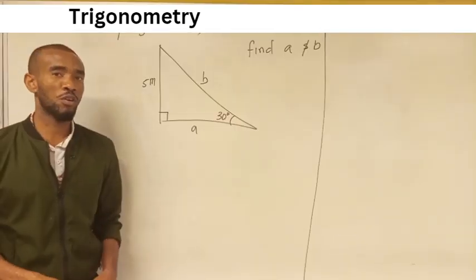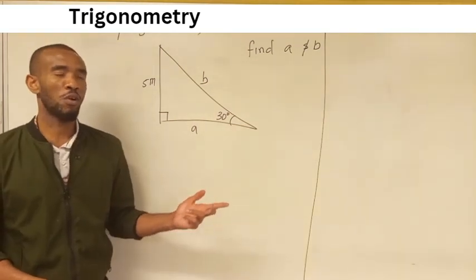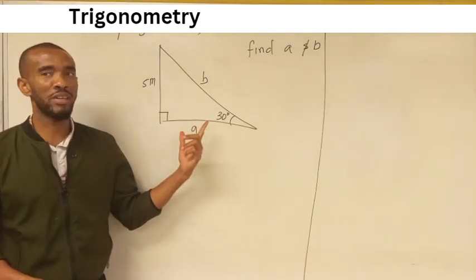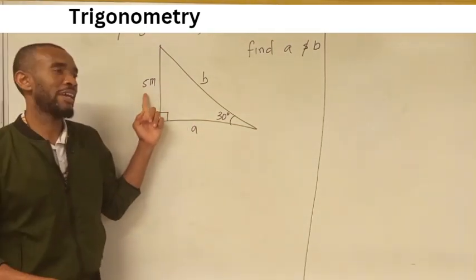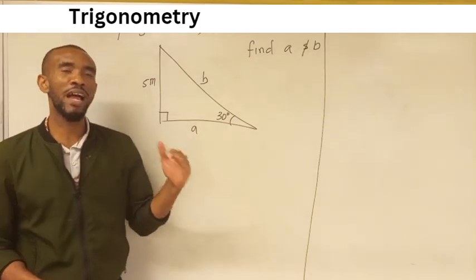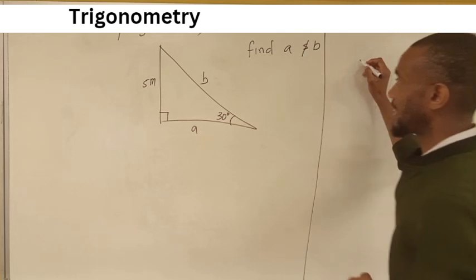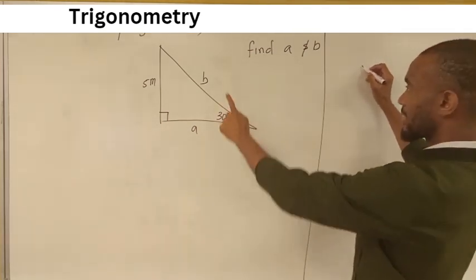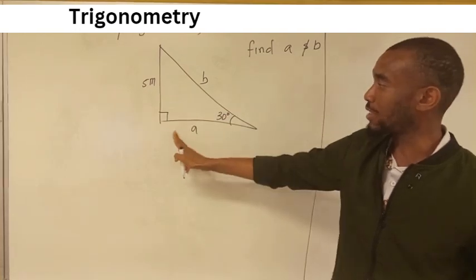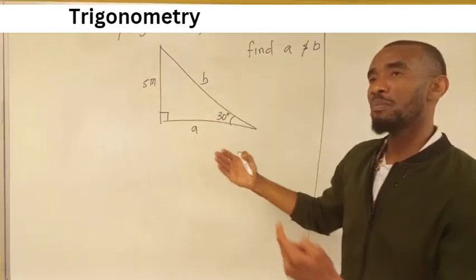So in this section, we're going to apply what we've explained in the previous section to solve this. Remember, in this case, I can't just go straight ahead to apply the Pythagorean theorem, because had it been that two sides were given in this diagram, then it will be easier for me to apply the Pythagorean theorem.